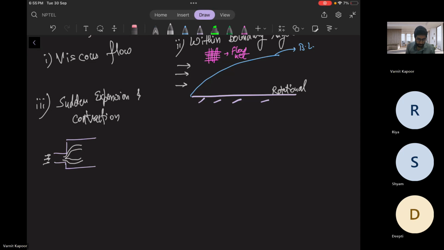So no flow net will be defined here. If you have pipe bends, then also it is not defined.